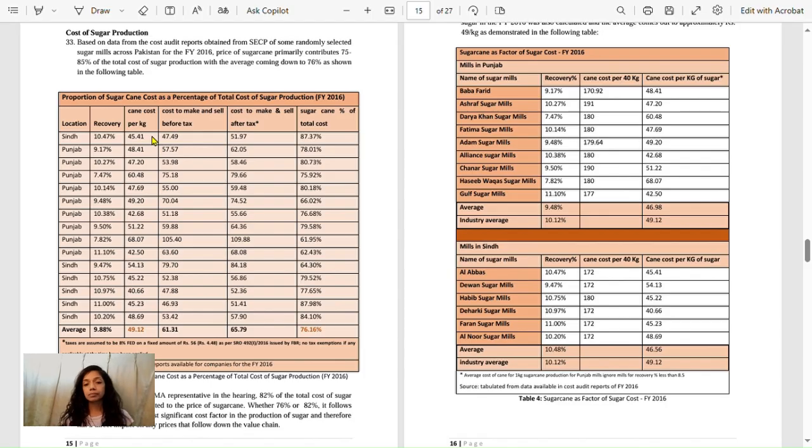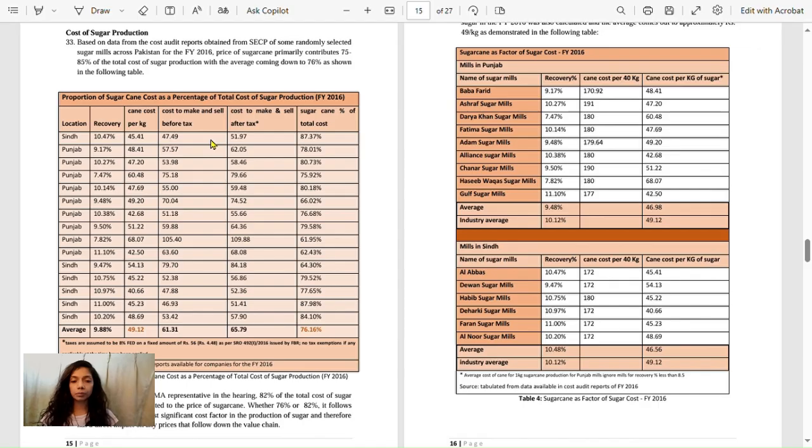Now I'm going to use it with reference to the indicative prices set by the mill as well, to find what the indicative prices set by the mill were for all the sugarcane, and then how this cane cost per kg of cane is applied to the making of sugar. Now this per kg cane cost and this sugar recovery rate are from one random mill from the sun, and there are other data as well.